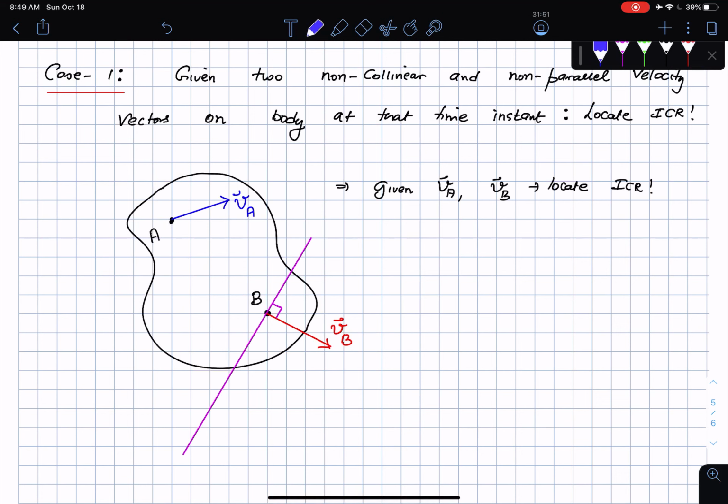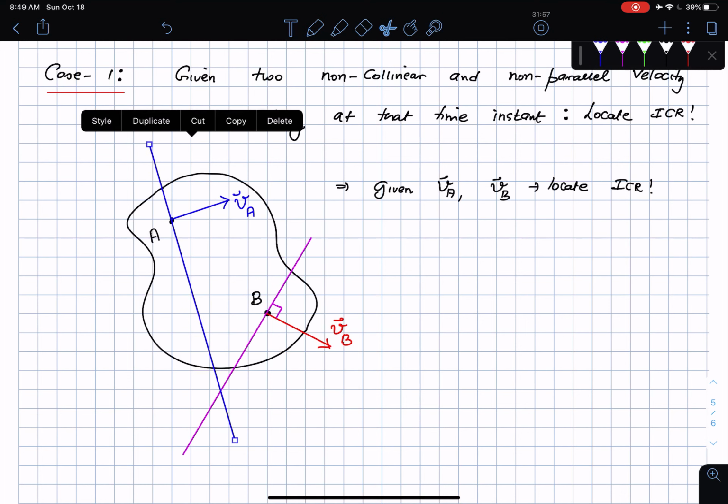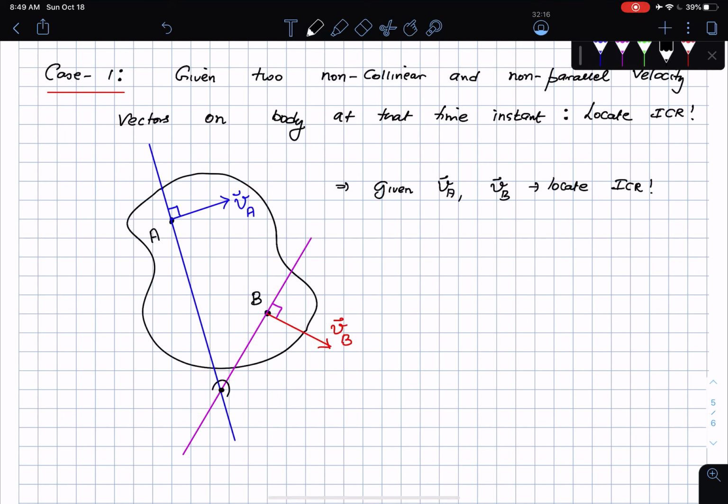Let me draw a much straighter line and let me adjust it. So here is a line perpendicular to A, here is a line perpendicular to B, where ICR has to be along the line perpendicular to both the velocities, which means obviously that this point here, which is the point of intersection, is going to be the ICR.